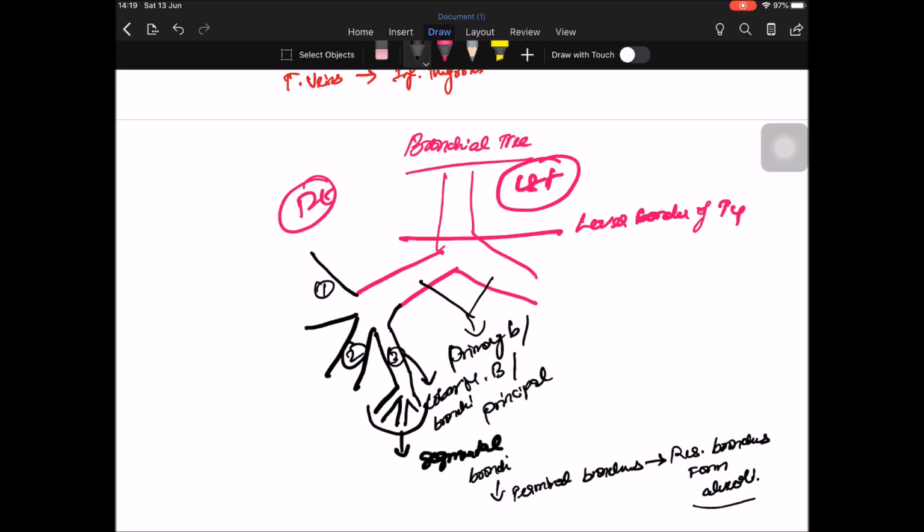So every lobar bronchi is divided into segmental bronchi.